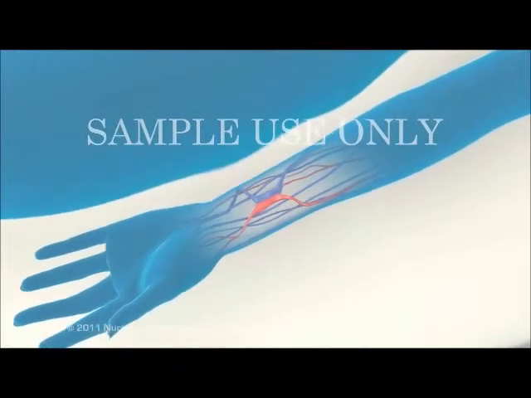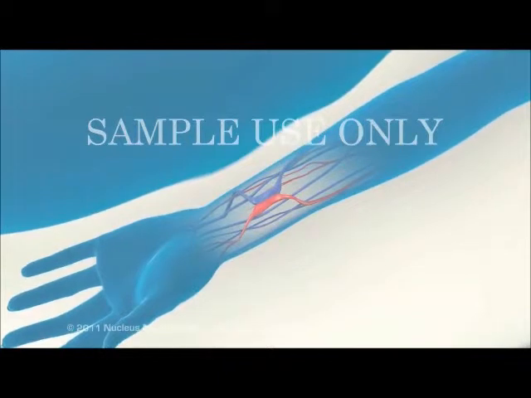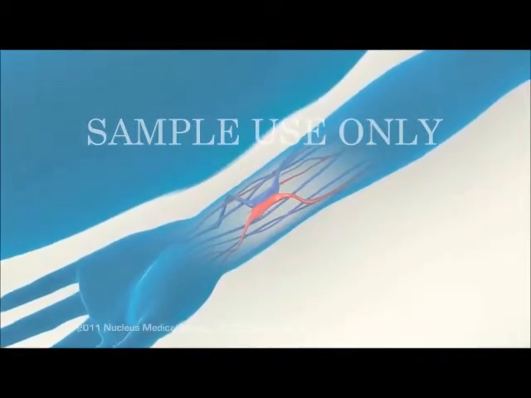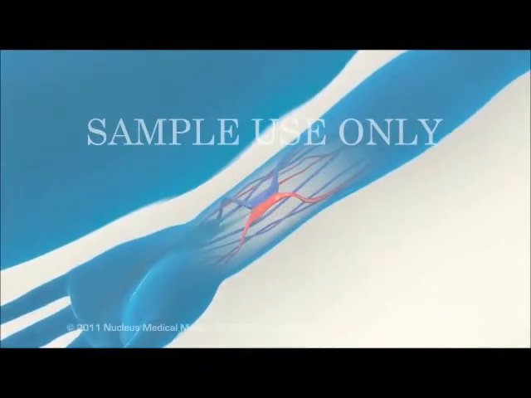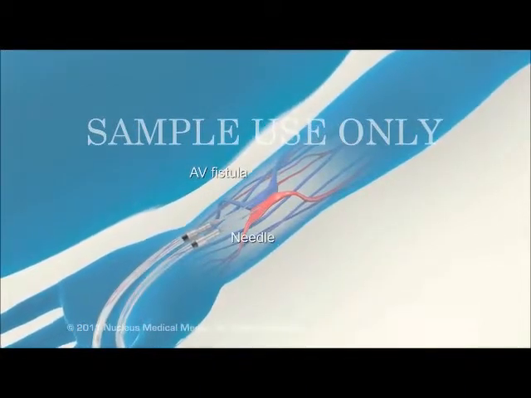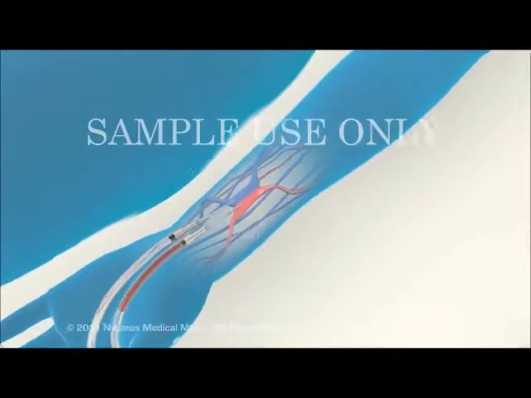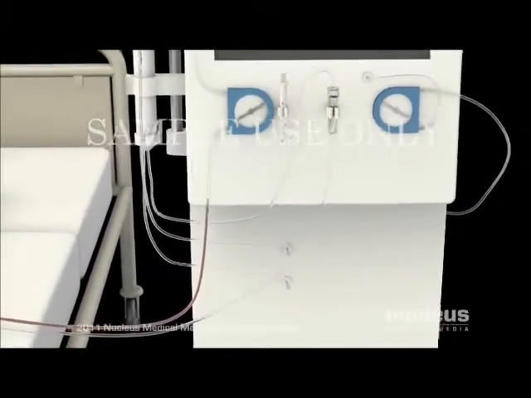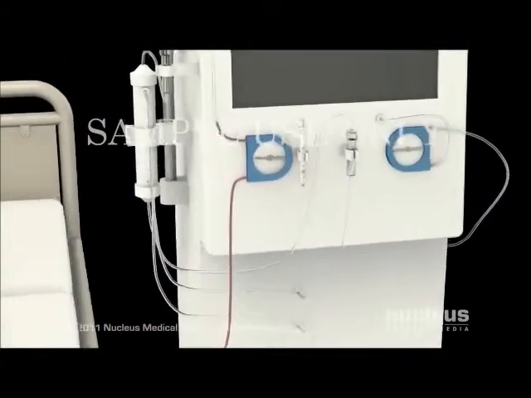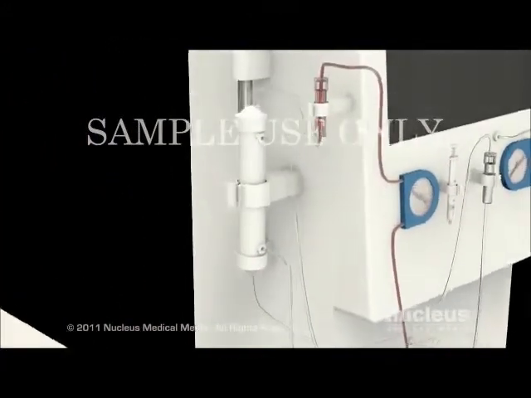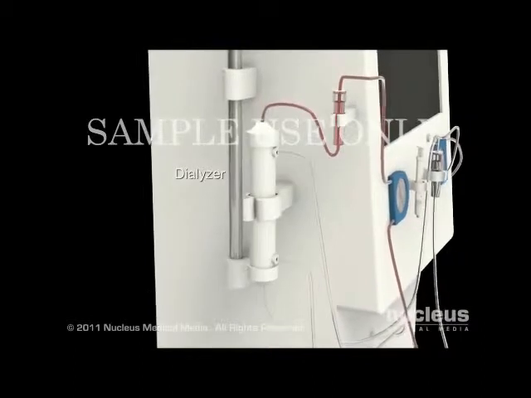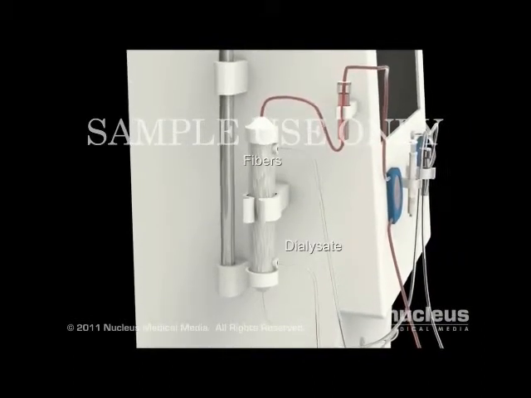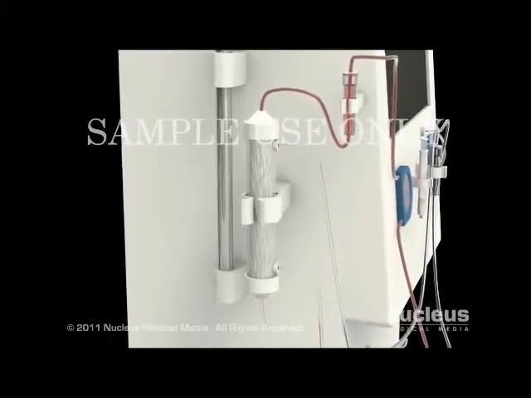Once your vascular access site has healed, your doctor can start hemodialysis. To begin, your dialysis nurse will insert 2 needles into your AV fistula or graft. Once the circuit is set up, your blood will flow slowly out of your body and through the dialyzer. Inside the dialyzer, your blood will encounter filtering fibers and an absorbent cleaning solution called dialysate.